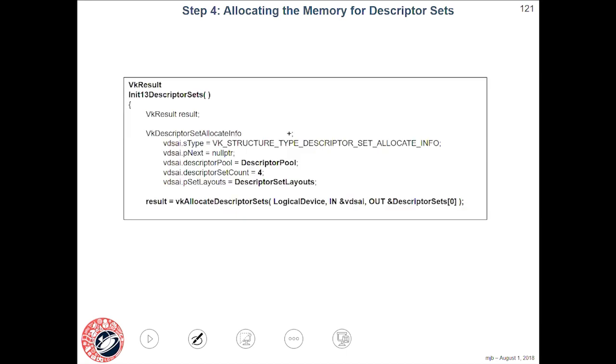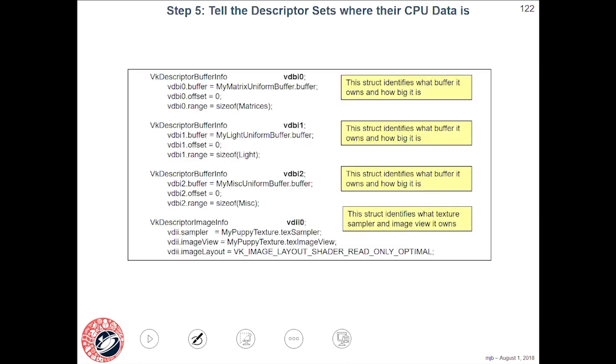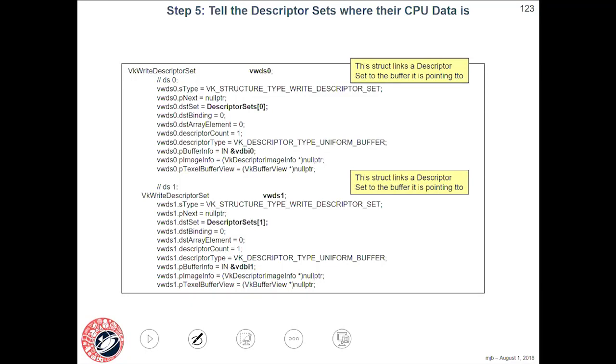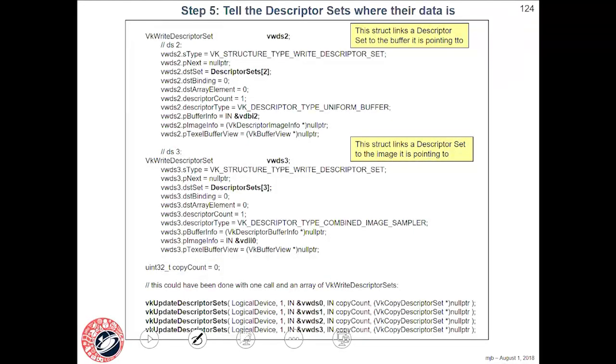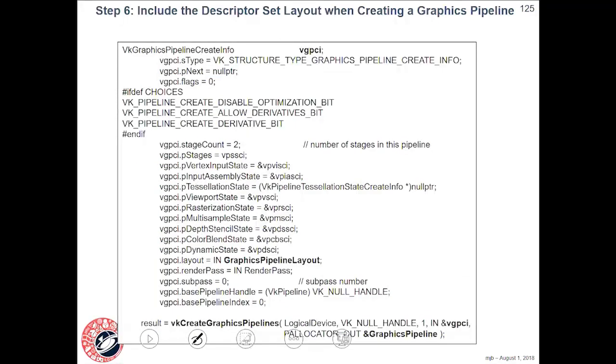All right, so allocating the memory for the descriptor sets, this is what's going in here. Again, we've got 4 descriptor sets. We're going to do 4 memory allocations. Like before, we were telling it where the CPU data is. Here is all 4 of them coming together.